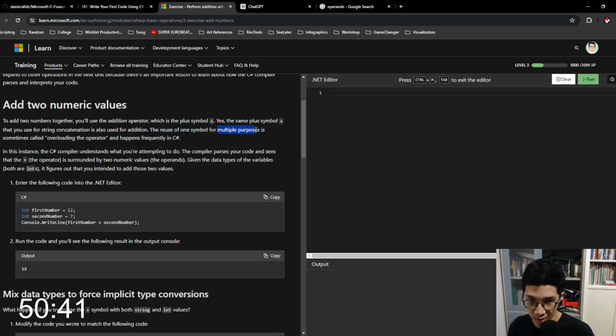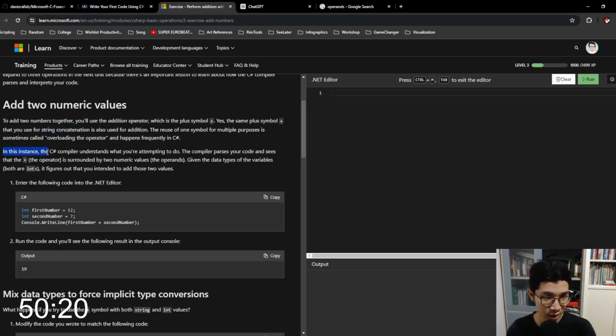So this is the keyword again. It's multipurpose. Plus can be used for the addition operator, and plus can be used for string concatenation, which we already learned yesterday on day 3, string basic formatting.